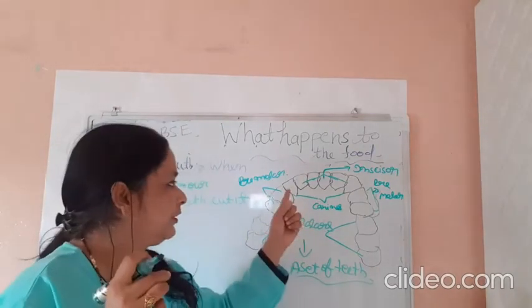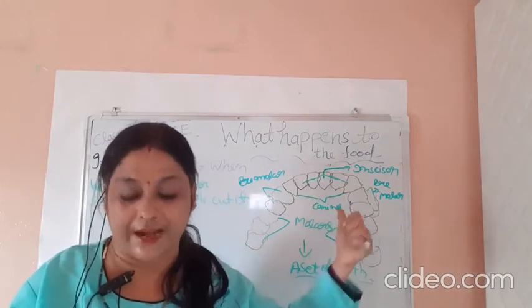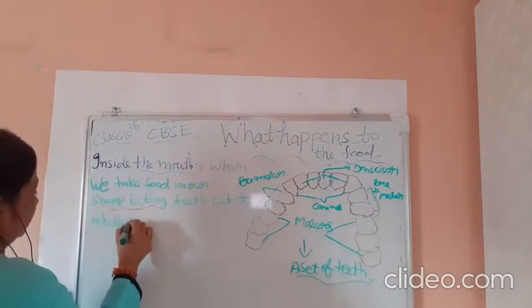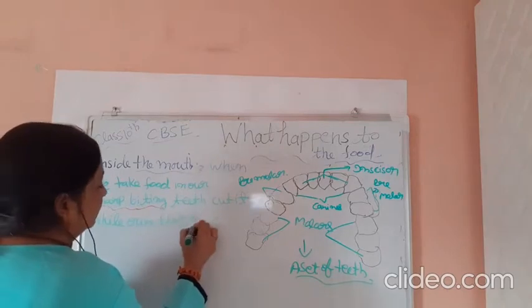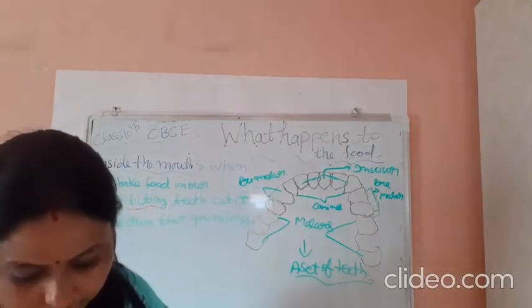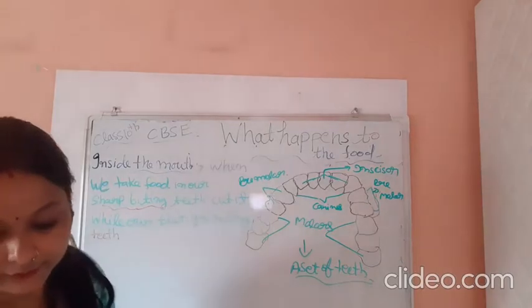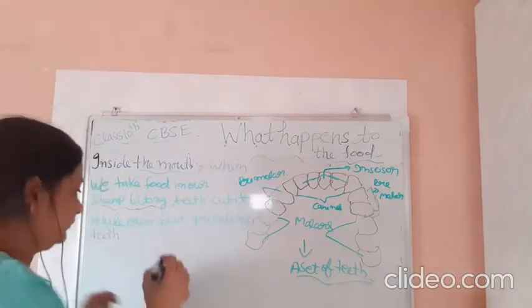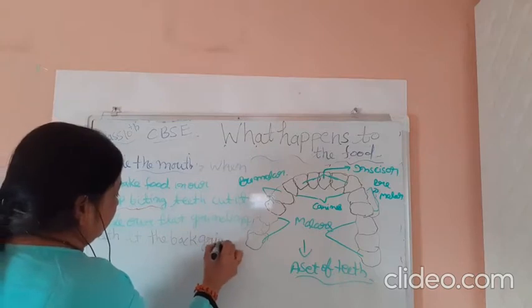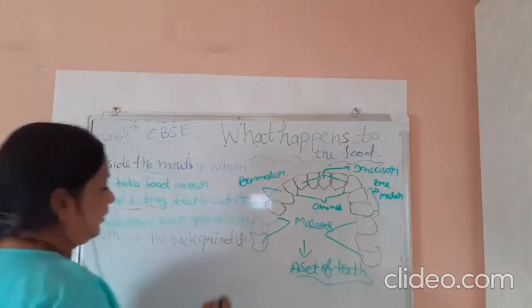The flat teeth present just behind the incisors in our mouth grind the food again. Underline this: flat grinding teeth at the back grind it.